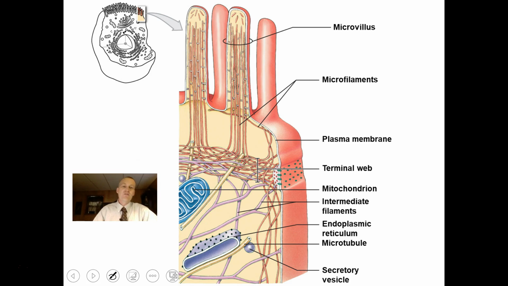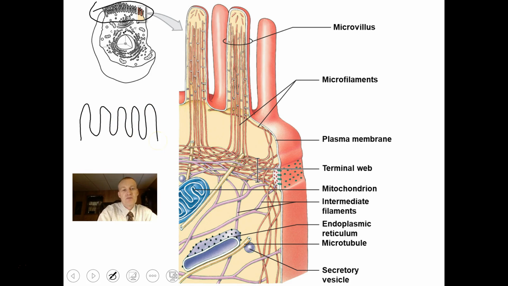A very important part in the human body, especially in things like intestinal cells and cells inside your kidneys, is this cell part called the microvilli. Microvilli are where the cell membrane has folded to increase the surface area so that certain things can happen, like absorption of materials. So this is a microvillus.